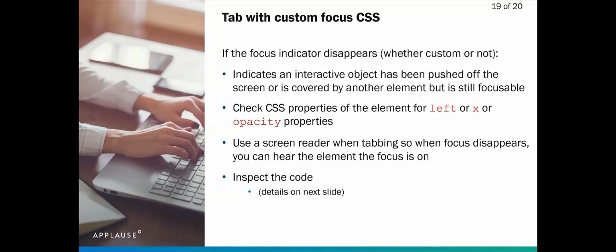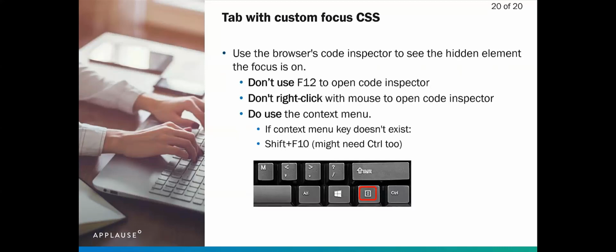But there's a little trick when inspecting the element when your focus is on an element that is fake hidden. So what you do not want to do is use F12. If you're on a PC, don't use F12 to open the code inspector because that will put your focus in the code inspector on the body tag.